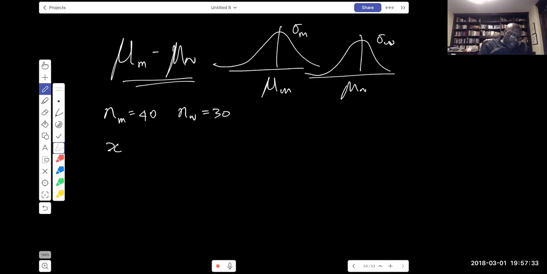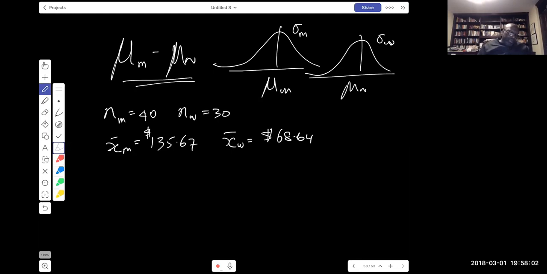We also know that we got a sample mean for men of $135.67, right, dollars. And we got a sample mean for women of $68.64.